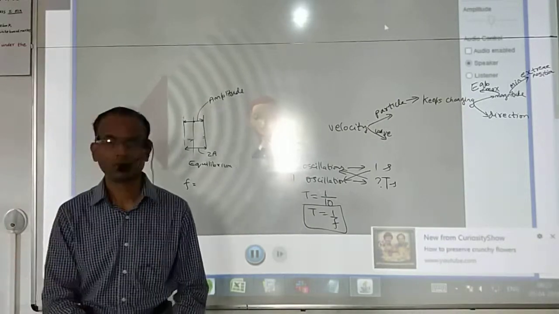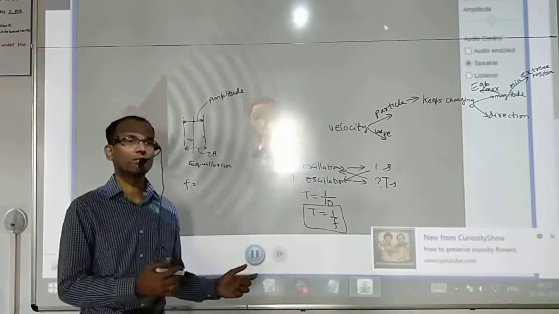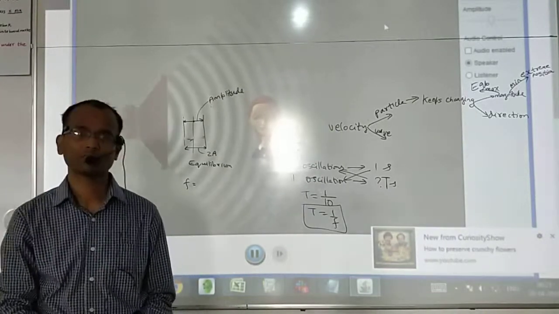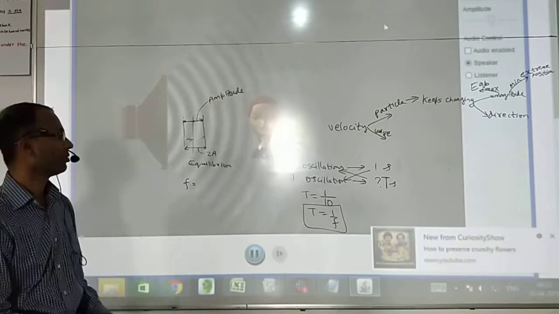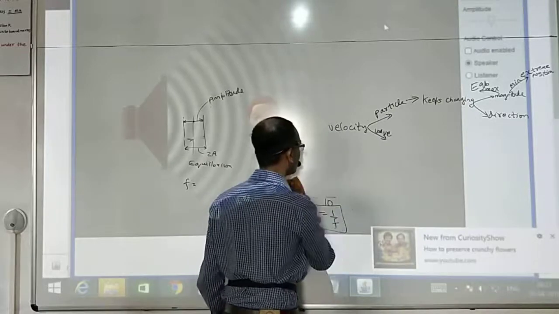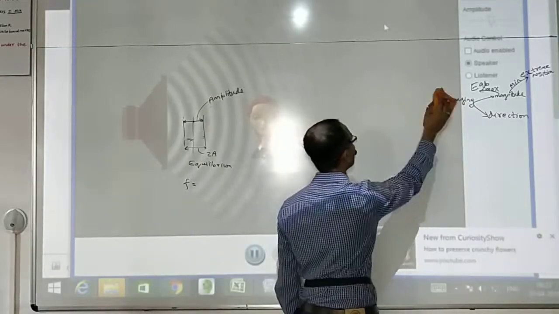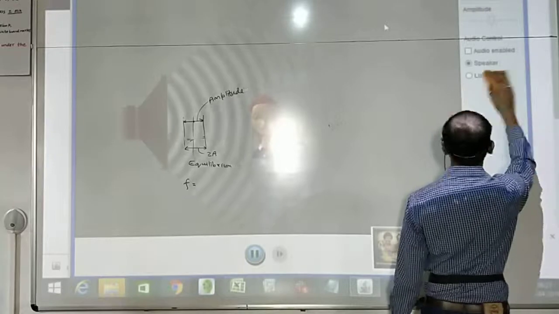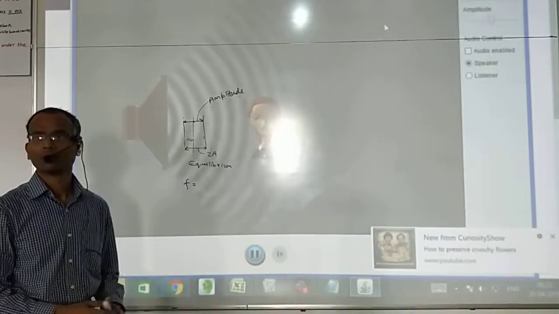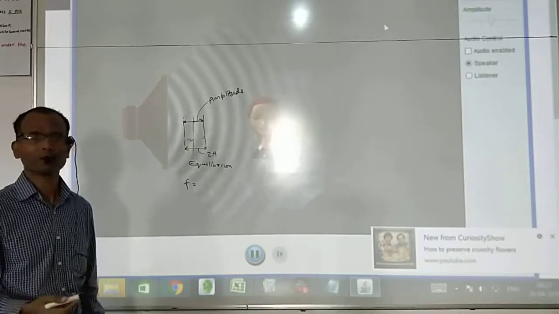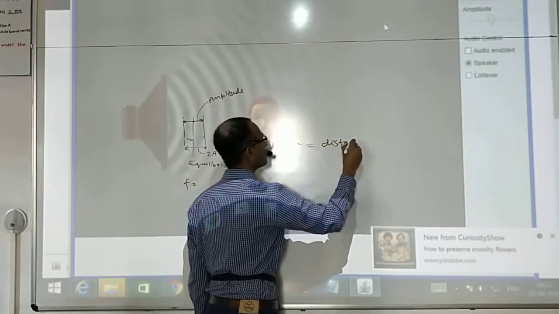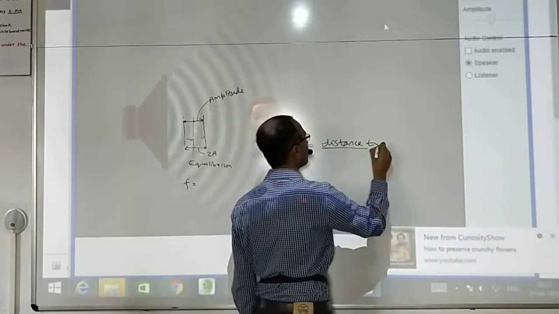You get it? So, speed of sound wave refers to the distance traveled by the wave divided by the time taken. That's the logic. So speed is distance traveled by wave divided by time taken.